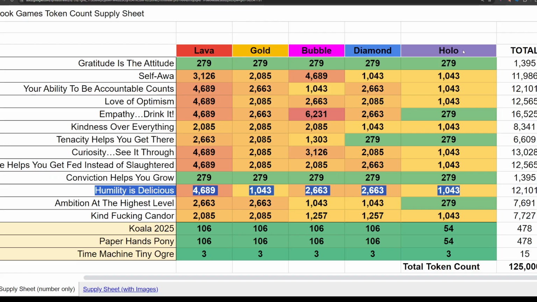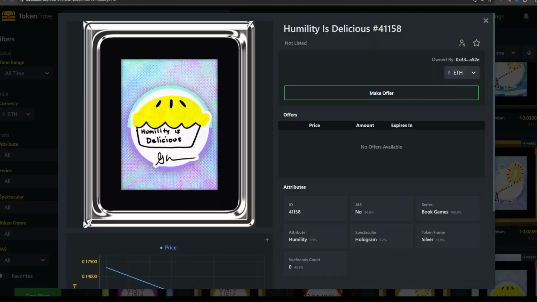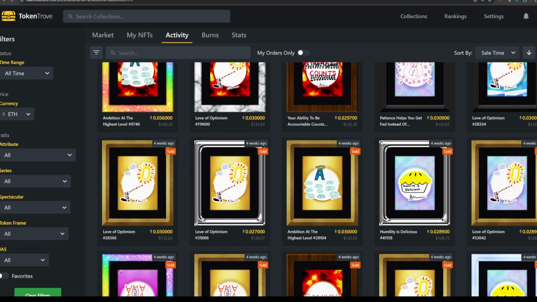It might trade at a premium because it's a hollow, versus the same level of rarity in its gold as well, because there's only 1,043. Similarly with the hologram. So this was interesting. And then with silver, so let's take a look at that.